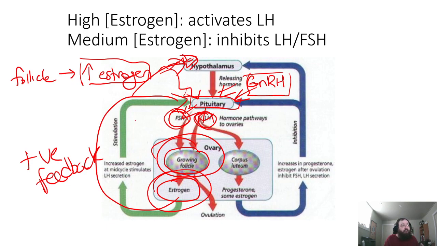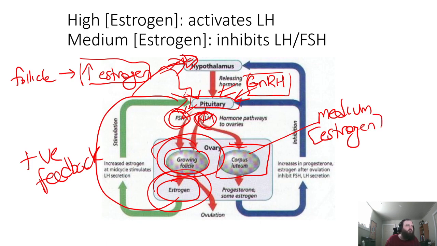However, after ovulation occurs, and you are now with the corpus luteum, you are not producing a high amount of estrogen. You're producing a medium amount of estrogen, along with progesterone, relaxin, and inhibin.